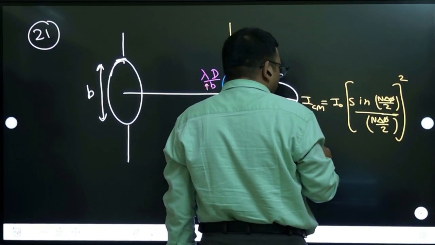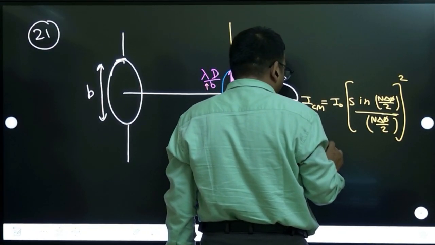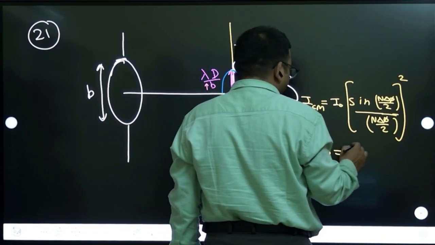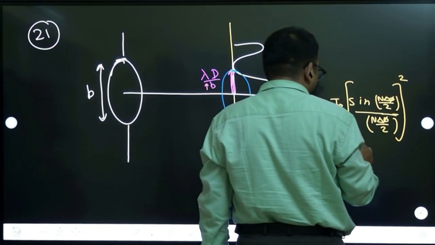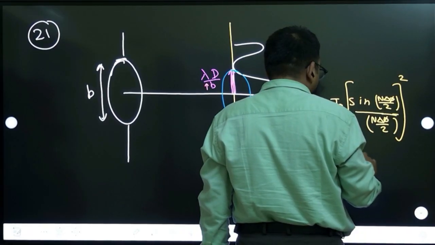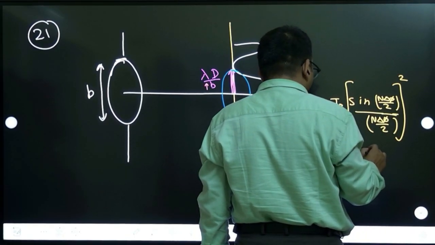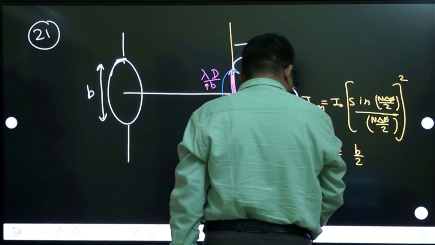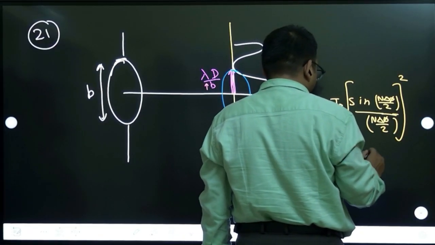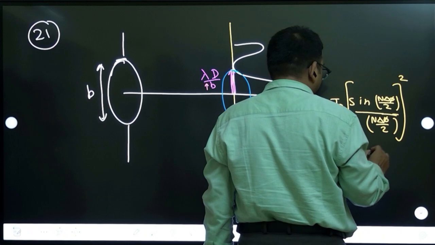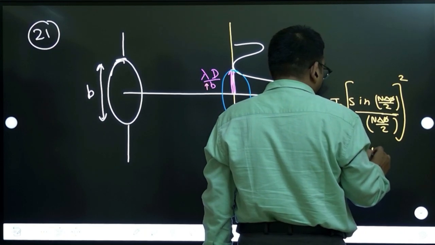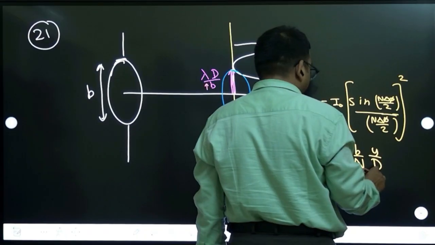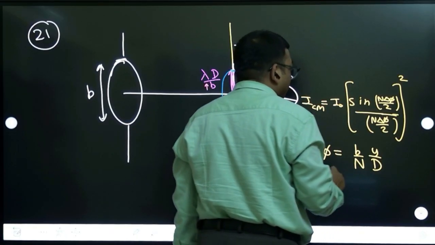So where this delta phi is due to each phase difference, which was b by n sine theta, where sine theta was y by capital D. I think this is what it was.